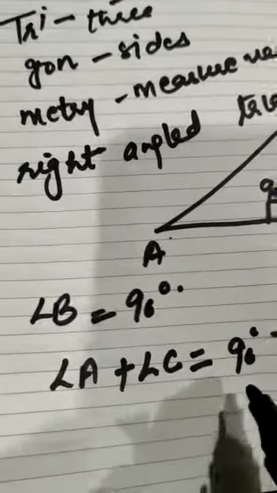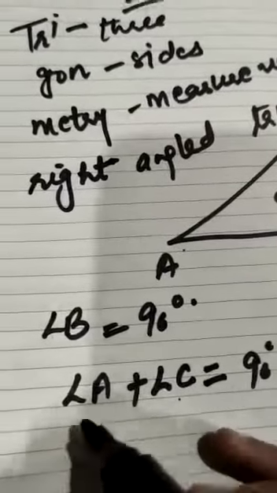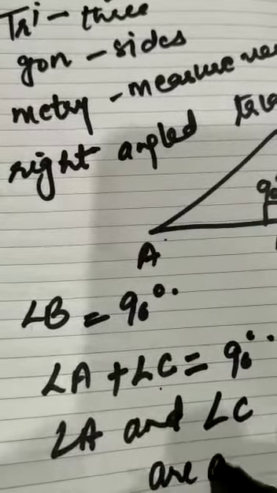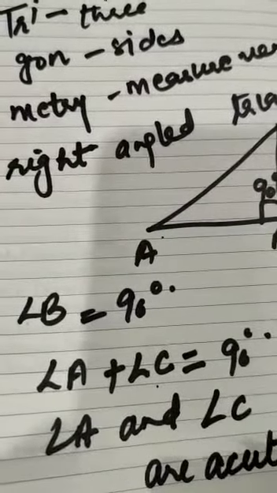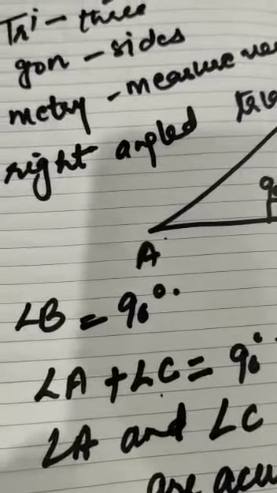So angle A and angle C are acute angles, and angle B is equal to 90 degrees.